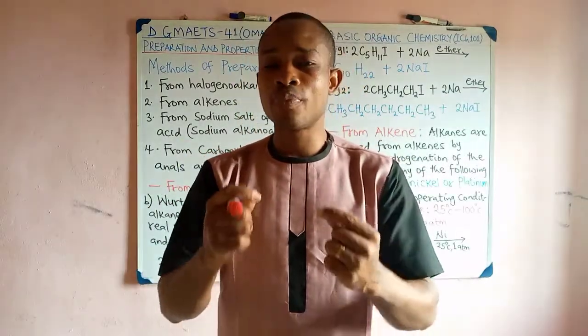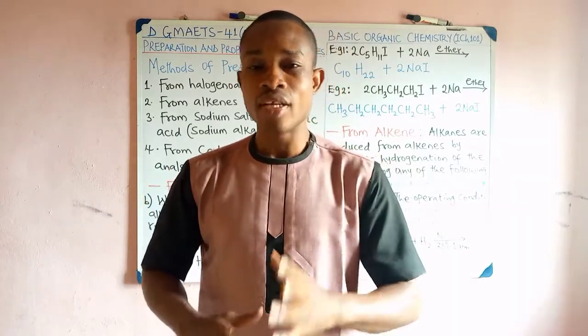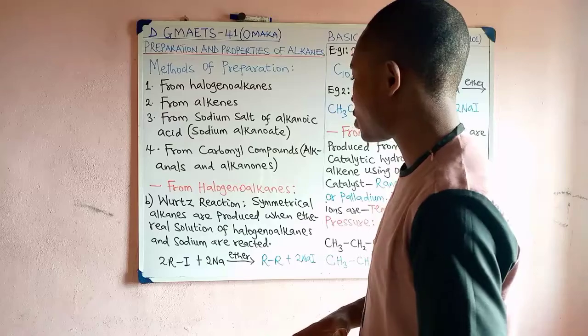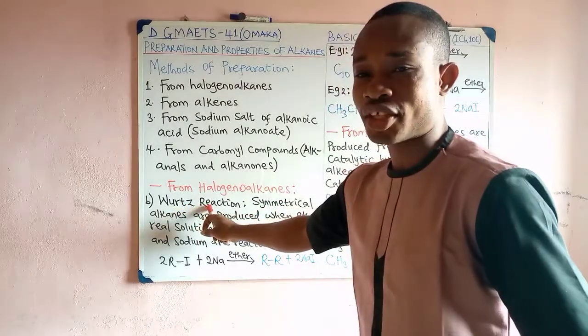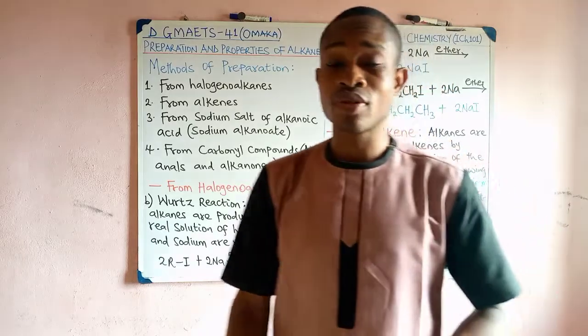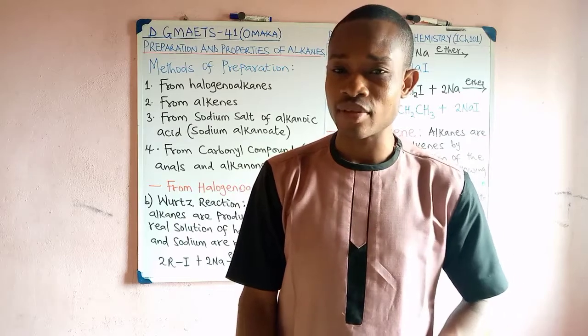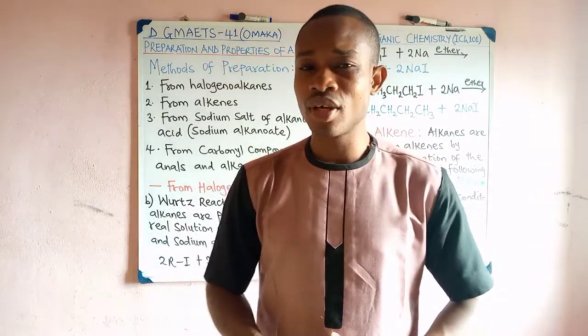So how can we prepare symmetrical alkanes from halogenalkanes? The name of the reaction is known as the Wurtz reaction. The Wurtz reaction is used in obtaining symmetrical alkanes from halogenalkanes. And how do we carry out the reaction?